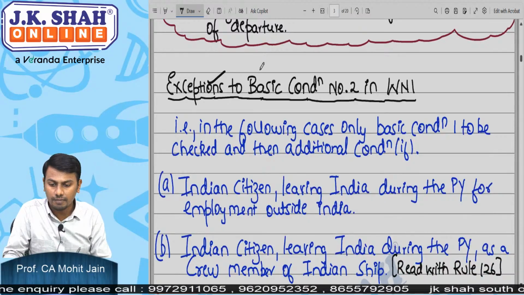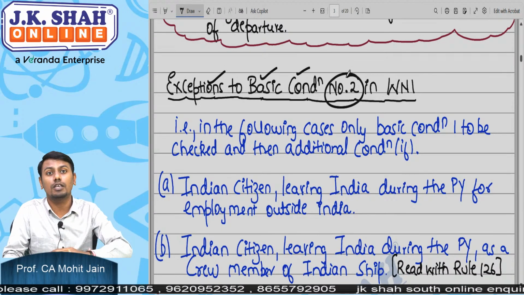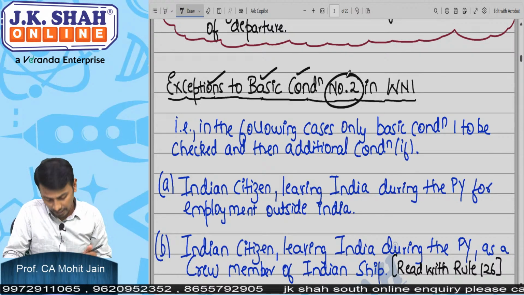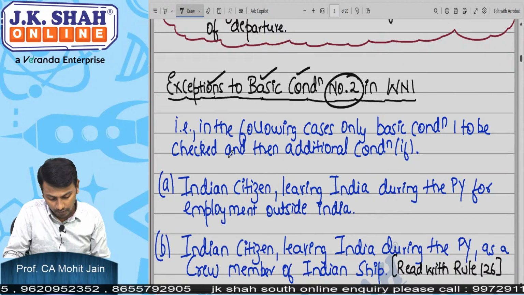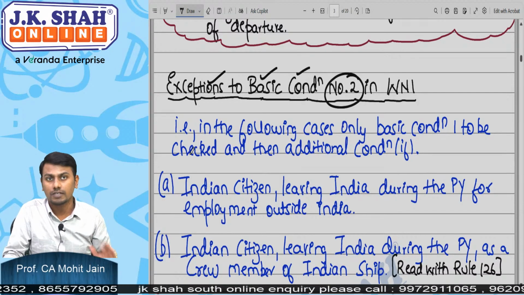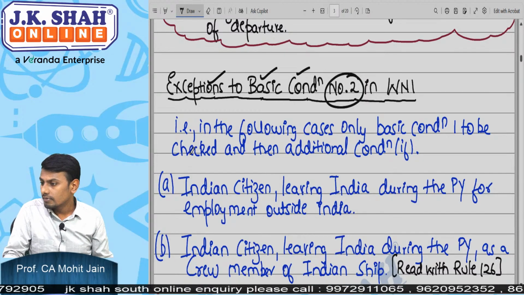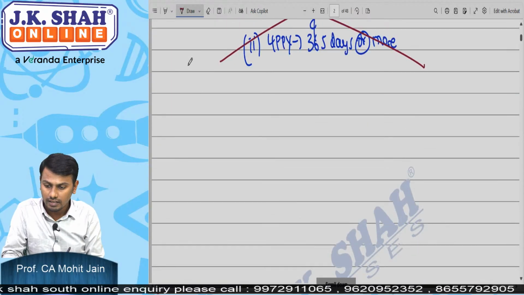Exceptions to basic condition number 2 means in these cases condition number 2 is not applicable. In the following cases only basic condition number 1 is to be checked, and then additional conditions if applicable. Once you determine you are a resident, then we will also check the additional conditions.